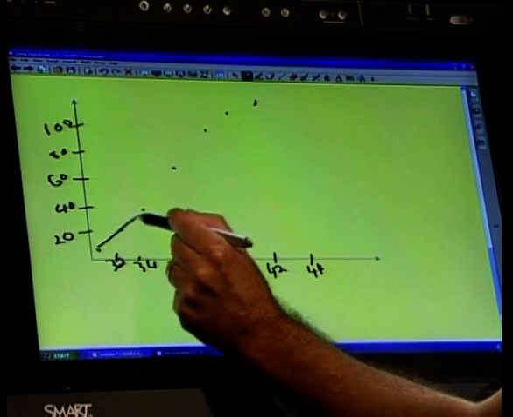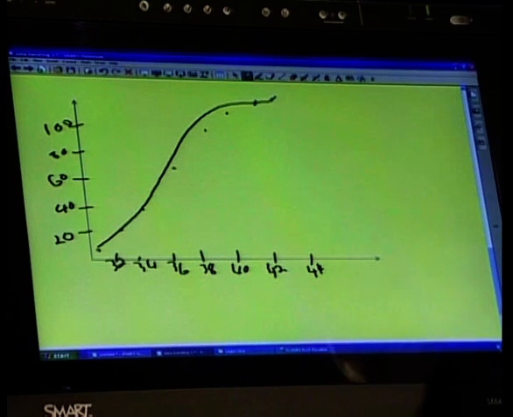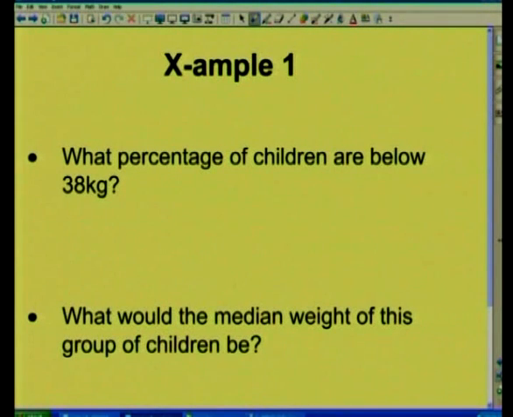Again, joining our plots, we get something that looks like that, a similar S-type curve or ogive. So now we have our cumulative frequency. Let's see what questions we have from this. I've asked the question, what percentage of children are below 38 kilograms?